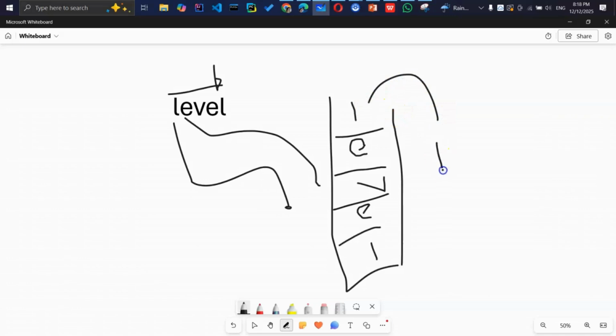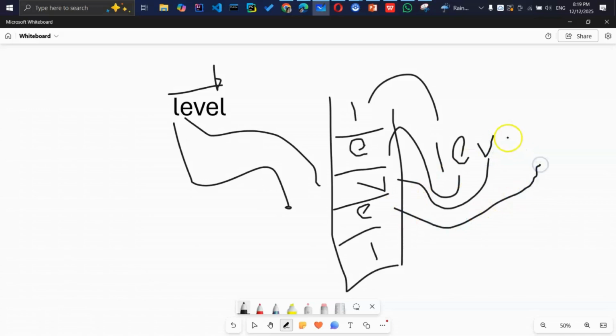First pop L, secondly E, thirdly V, fourth E, and next L. Compare the original string with the reversed string. See, both match. It is a palindrome.